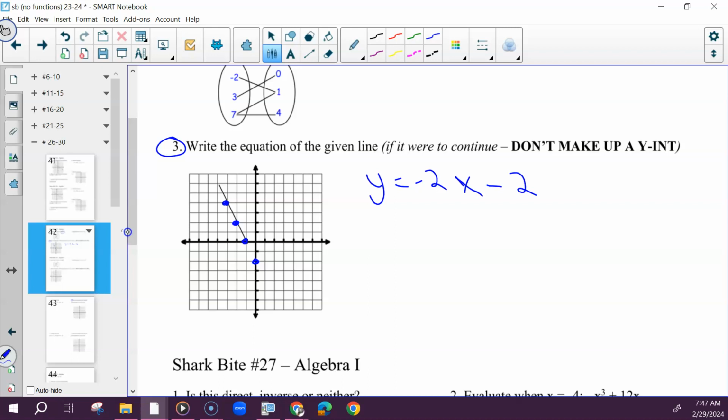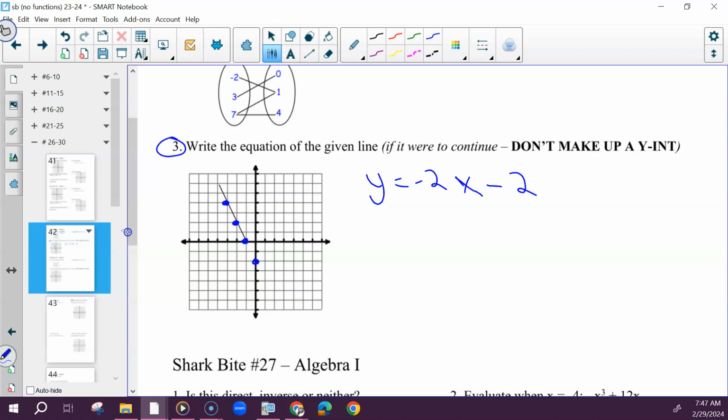If you wanted to do this one in Desmos, you would have to find a point that this goes through, put that in Desmos, type in your y equals mx plus b, and then change the m value to be -2 and move the b value until it goes through that point. So you could do that, but it's easier because you just have the graph to go backwards. Questions on that one?